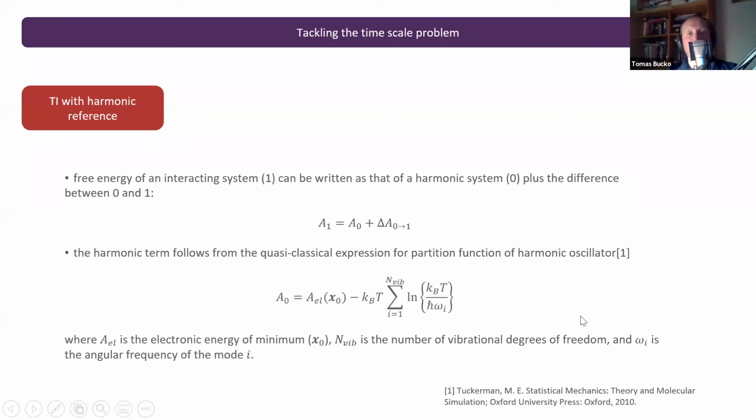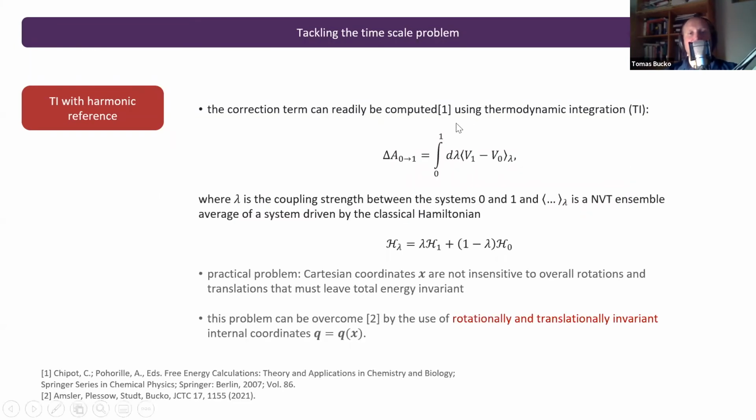So this is something you can compute easily in a static calculation. And the anharmonicity correction comes from thermodynamic integration. The integration is done over a variable lambda, which is the coupling strength between the harmonic and fully interacting system. The integrand is the difference between the potential energy for the fully interacting and the harmonic system.